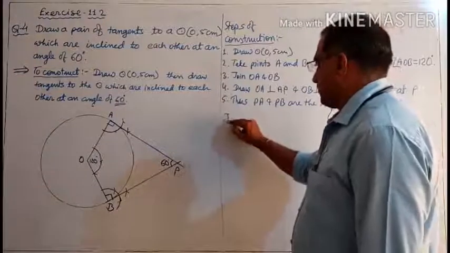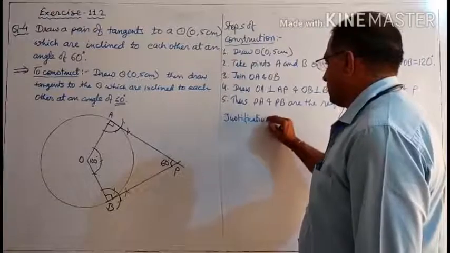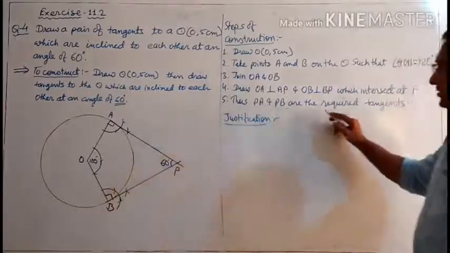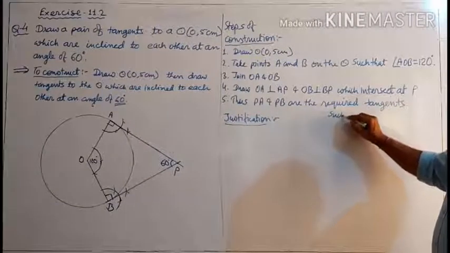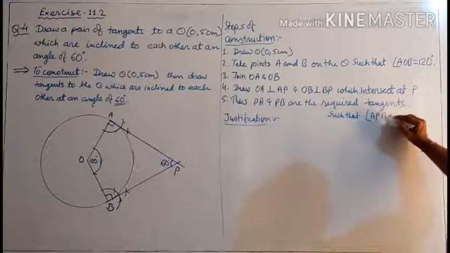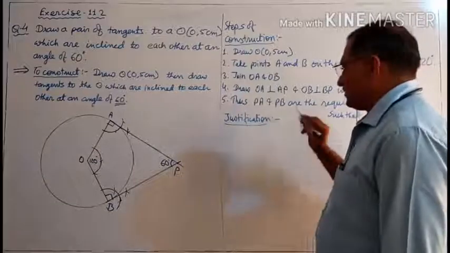So justification for this: how can you say that this angle here is 60 degree? So PA and PB are the required tangents such that angle APB is equal to 60. How can you say that it is 60?